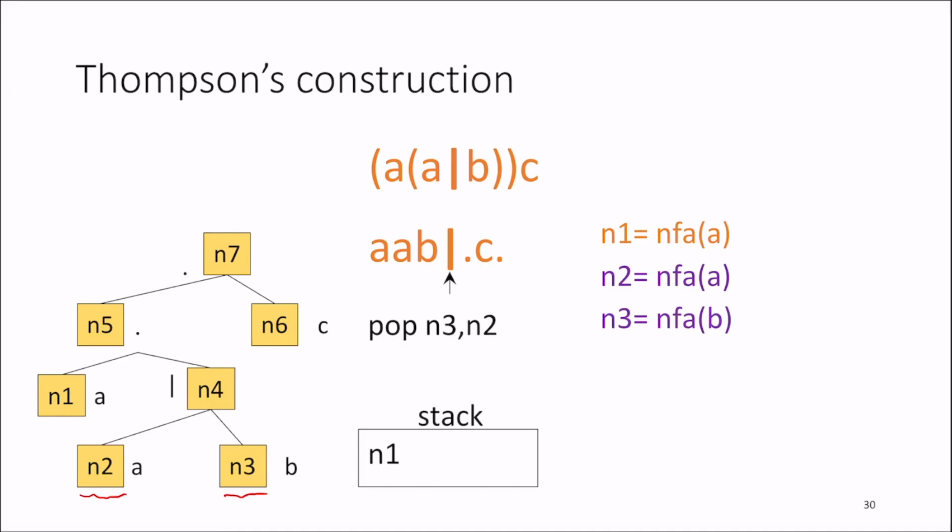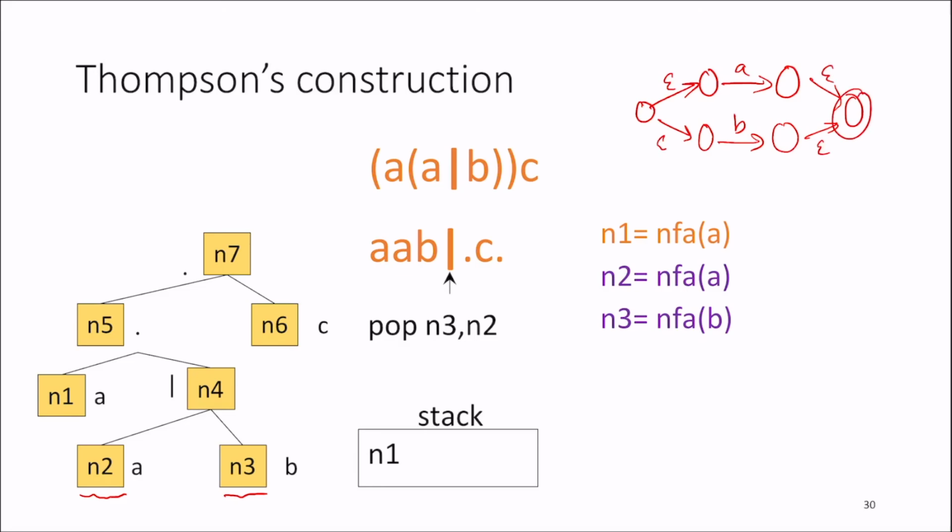So in this case, just to remind you, if I had an A and a B and I wanted to create A or B, I would create this more complex NFA by just adding these epsilon rules, making this the final state and this is the start state. Right? So when I want to process this alternation, I would take N3 and N2, which are these 2 NFAs, and then create a bigger NFA.